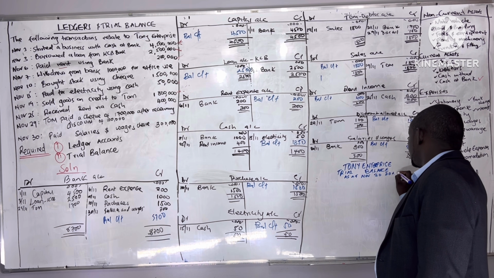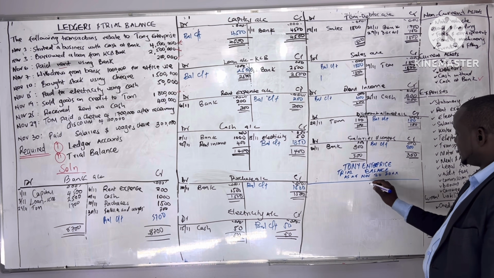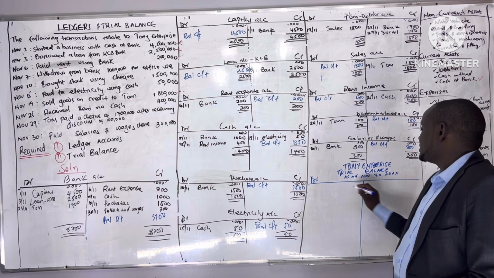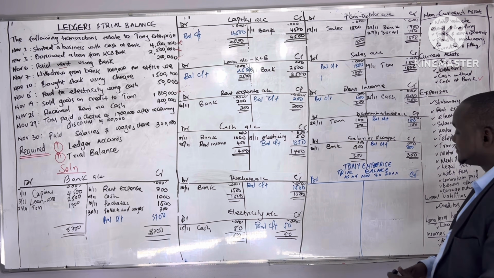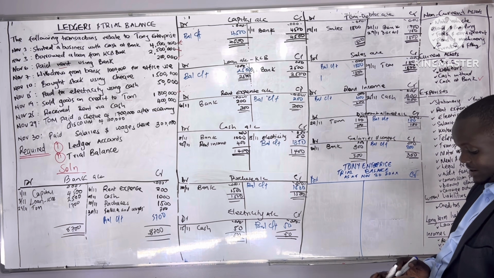For the trial balance here we have a debit, here we have a credit. I want us to do this trial balance.